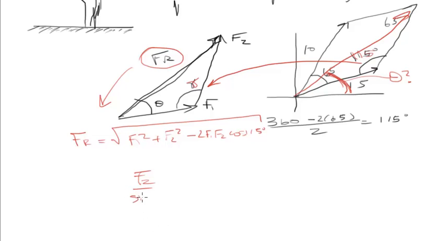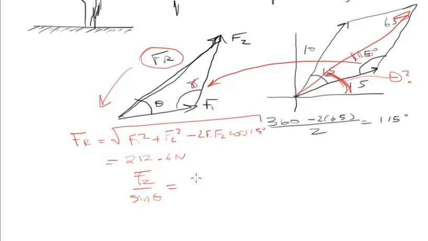So F2 over sine theta is equal to what we get over here, FR. That's 213, or actually it's 212.6 newtons.